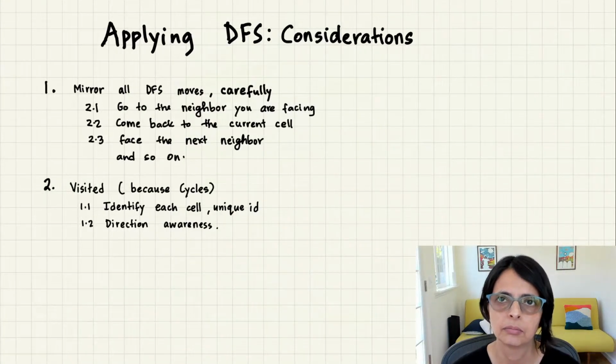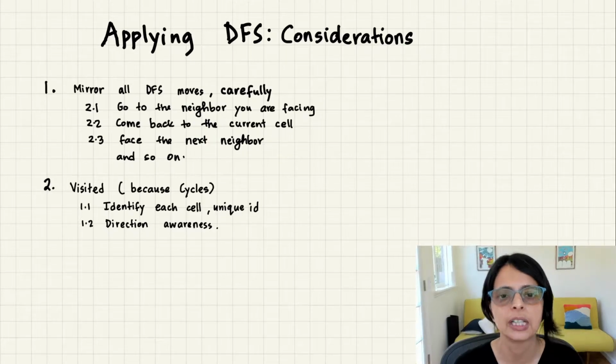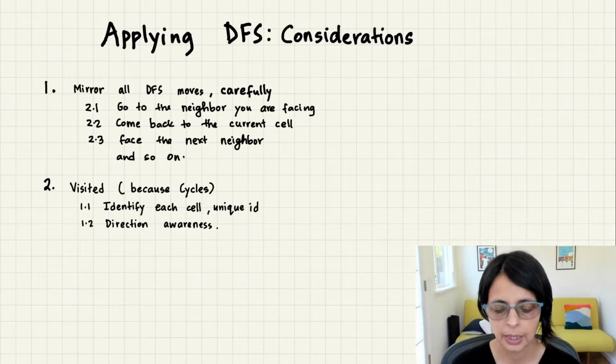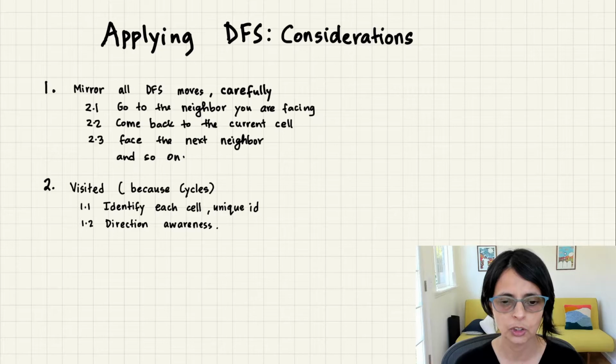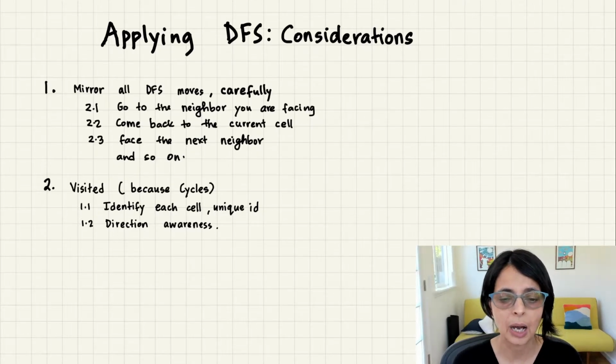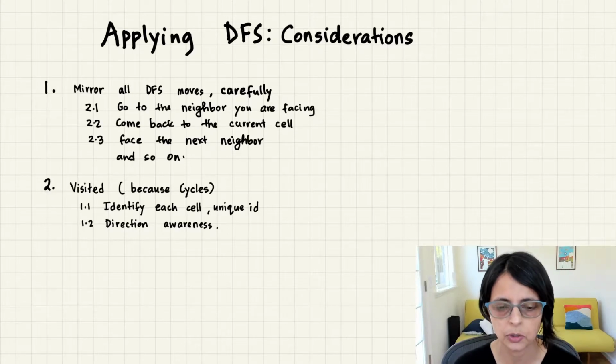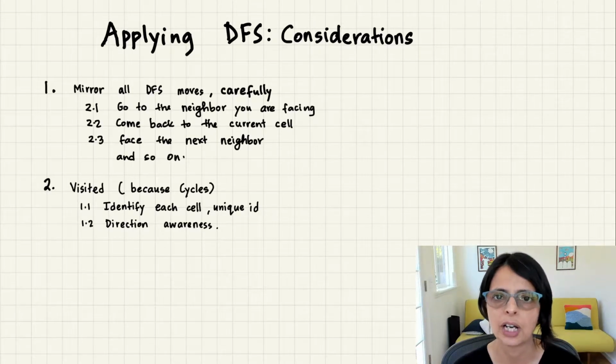Now that we have put that out of the way, let's look at a few considerations. If we are going to do DFS via the robot, then we need to switch gear to this robot and grid world. Normally when we look at DFS, we are looking at an adjacency list or the root of a tree if it's a tree. Here we don't have the graph provided to us in any explicit way.